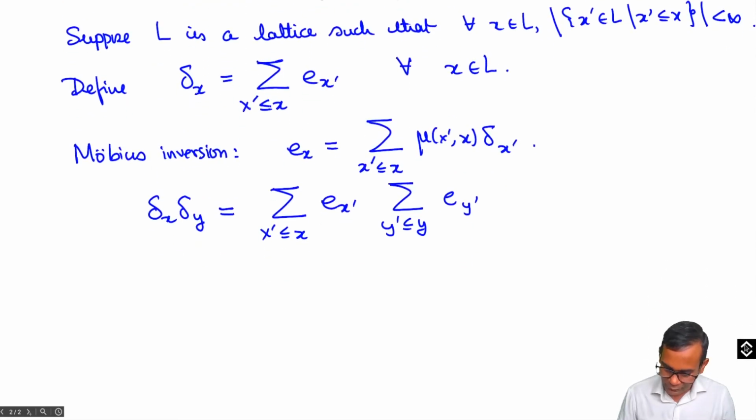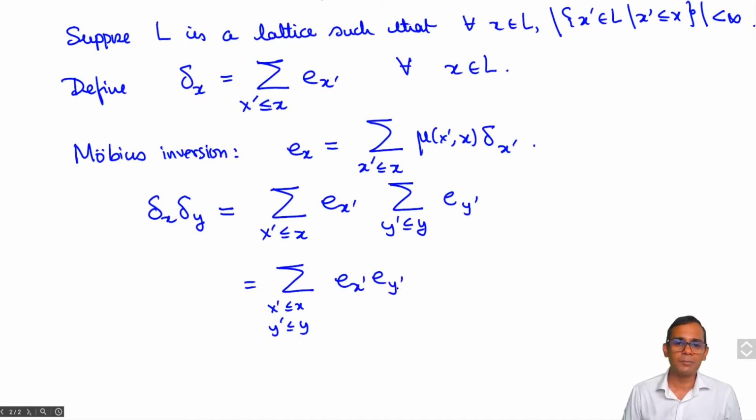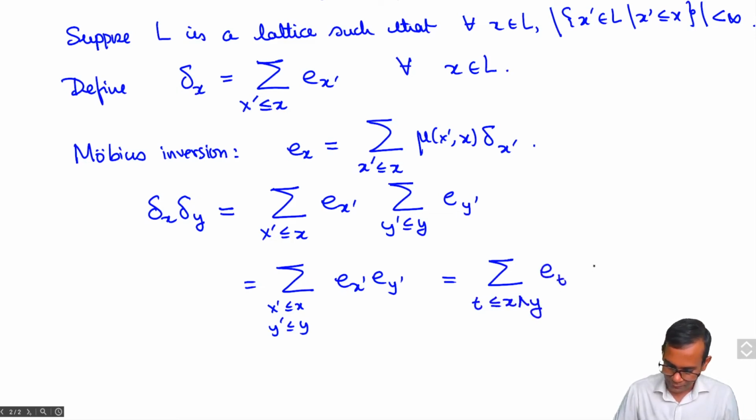But the only terms that will survive when we multiply this are the terms where x' is equal to y'. So this is the same as the sum over t less than or equal to x and less than or equal to y, which means t less than or equal to x meet y, of E_t. But this is the same as delta of x meet y.